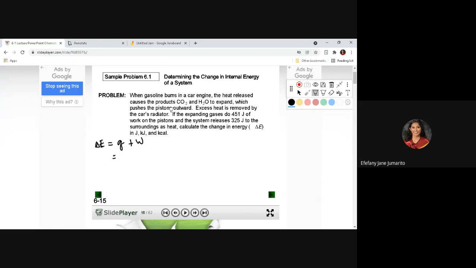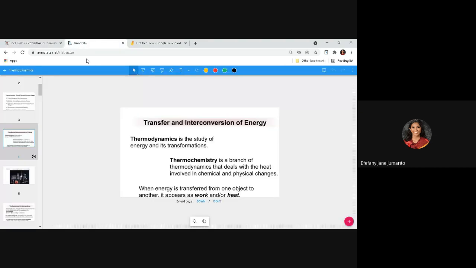Gasoline burns in a car engine, so the heat released causes the products CO2 and H2O, because this is combustion. A combustion reaction always has the products carbon dioxide and H2O, because combustion is for organic substances. Then the gases will expand.